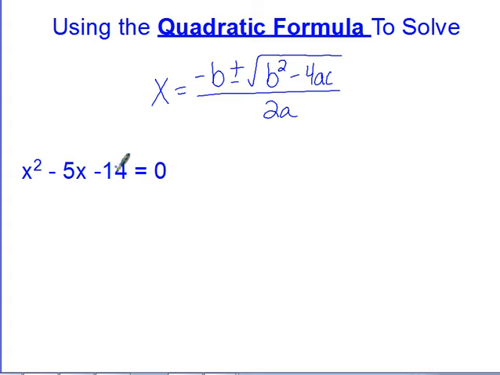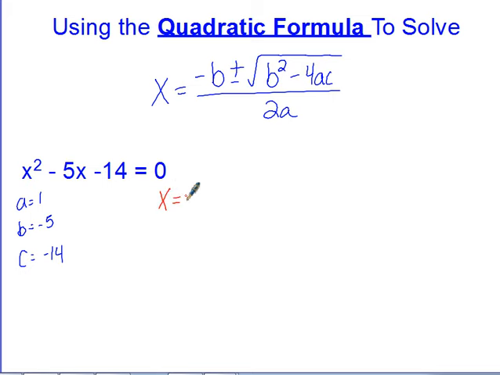Yeah, just get everything to one side. So is everybody good? My A is what? My B is what? My C is? So let me write that one more time. A is 1, B is -5, and C is -14. So guys, this is actually really easy. You're just going to plug it in and hammer it out. Okay? So, x equals.